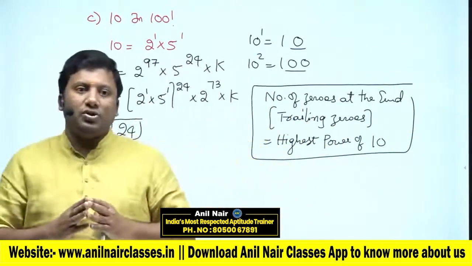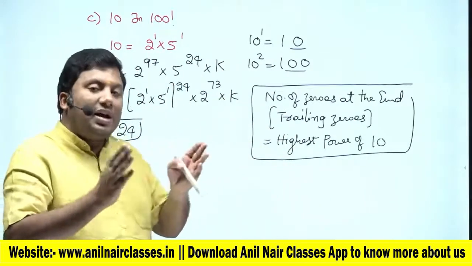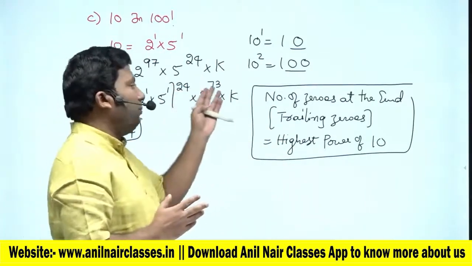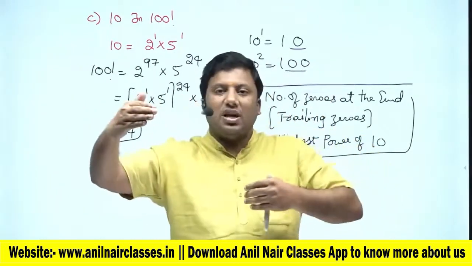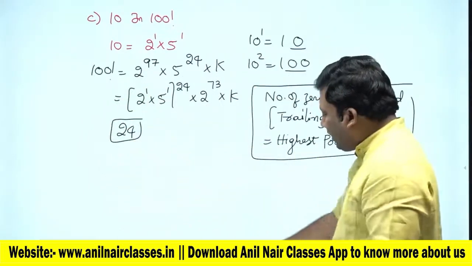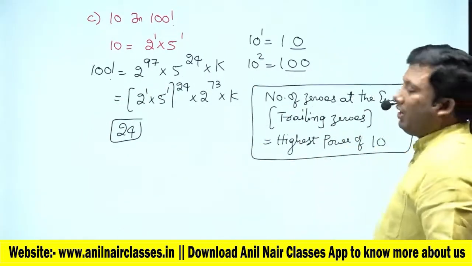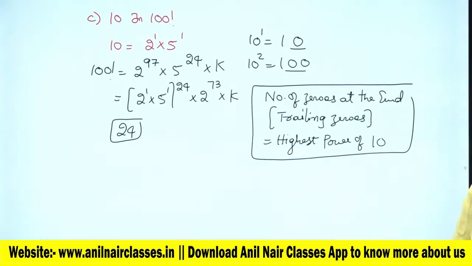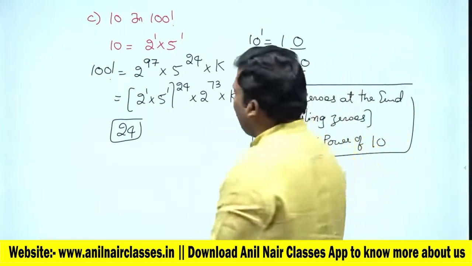10 is a composite number. A composite number will be written as a power of prime bases, so 2 and 5. Very, very important. Write it down in the same structure. At the end of the class, everything will be in a neatly packed, structured order. The number of zeros at the end is the highest power of 10. 10 power 24 we got.